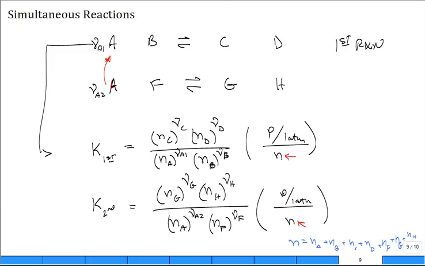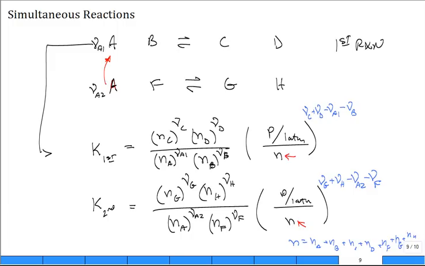All right, and then you have the possibility of that exponent being non-zero. Here it would be nu sub C plus nu sub D minus nu sub A1 minus nu sub B. Here it would be nu sub G plus nu sub H minus nu sub A2 minus nu sub F. Did that framework look good?